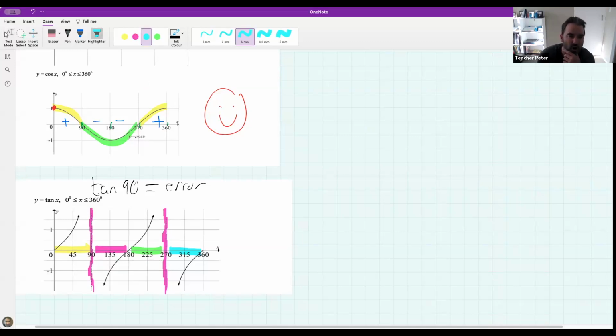I think it starts off positive, yes. And then after this first yellow bit, the pink bit is negative. And then what is the green bit going to be?